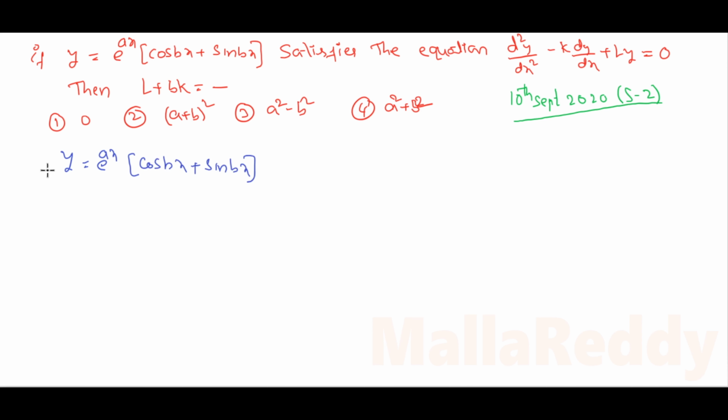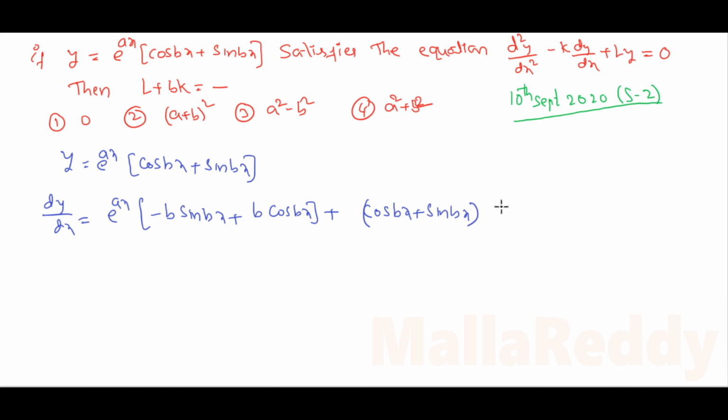So take differentiation on both sides. Derivative of y is dy by dx, that is equal to e to the power of ax into cos bx derivative minus b sin bx, plus sin bx derivative b cos bx, plus cos bx plus sin bx into e to the power of ax derivative a e to the power of ax.